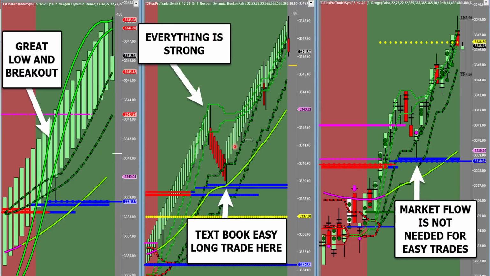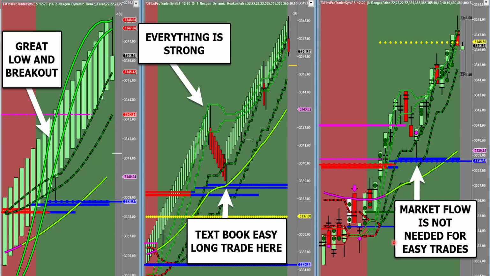Another use of our market flow, which is very, very consistent, you're going to be watching for obviously a trend trade in this area. Strong move, big breakout, tons of fibs, everything is perfect. You're going to already be into your position before it gets there. You don't even get a market flow signal, but market flow is not always needed when you have perfectly easy trades.